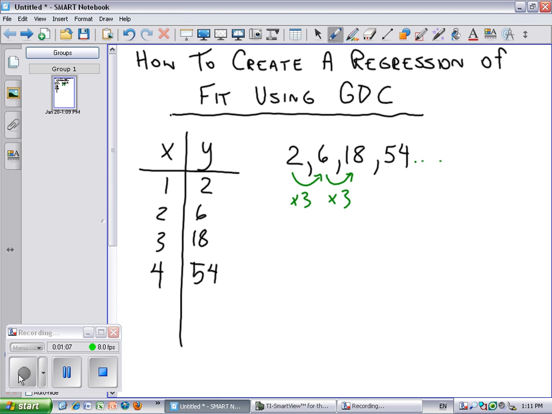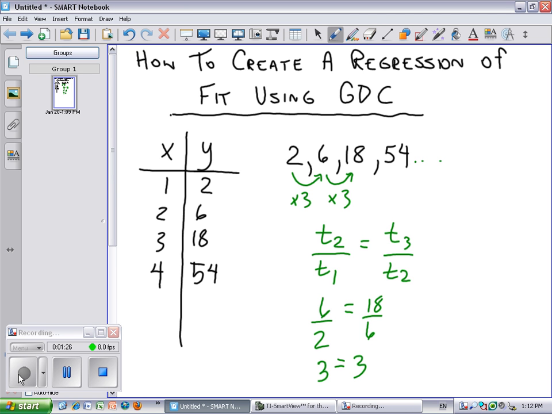Geometrics, as you remember them, had common ratios. When you take the second term and divide by the first, it equals the third divided by the second. So for this one, 6 over 2 equals 18 over 6. Notice that the common ratio is 3, and we said it was because of this multiplying by 3 pattern.